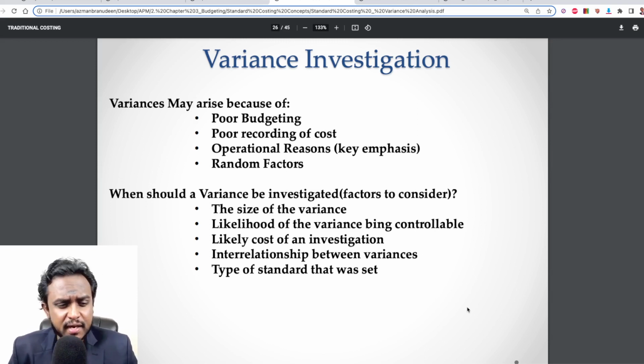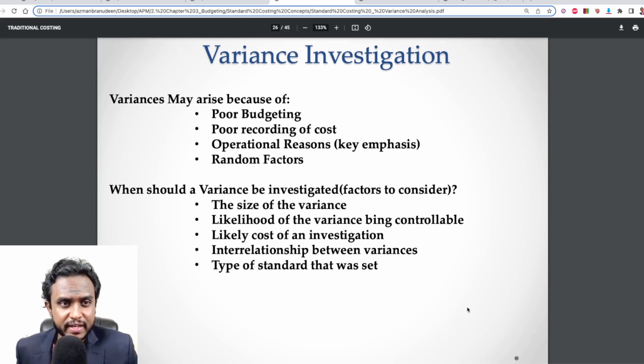In such a case, because of your budgeting problem, you shouldn't spend too much time and effort investigating your variances, because however much you do, the issue is not there. The issue is actually in the budget. So you should work on the budgetary aspect in that case, rather than investing in the variance itself.